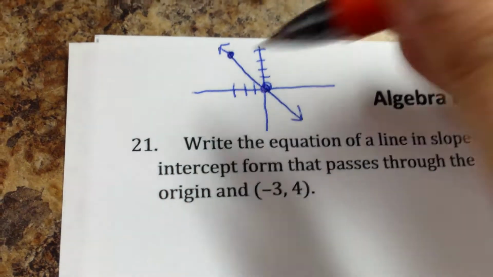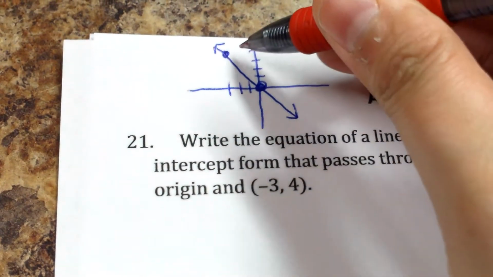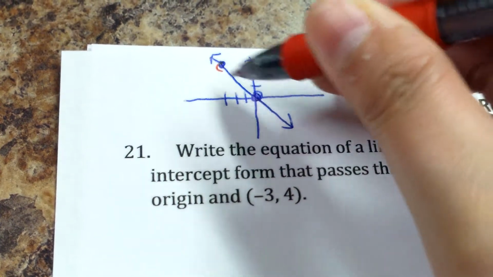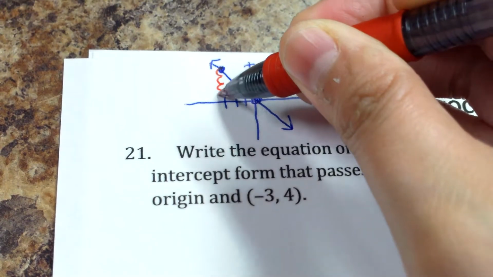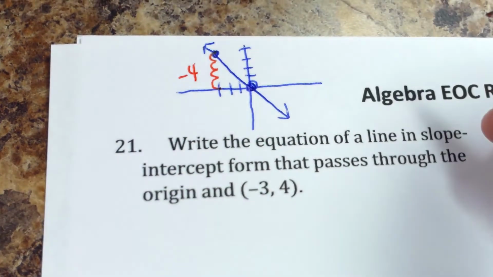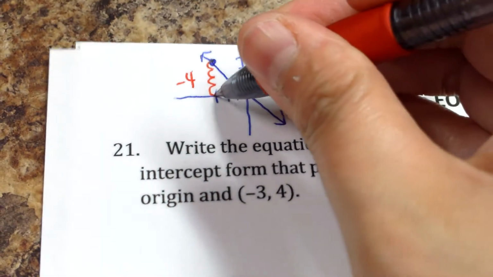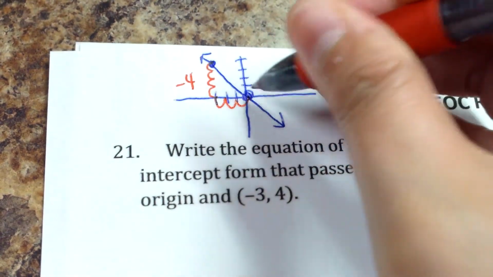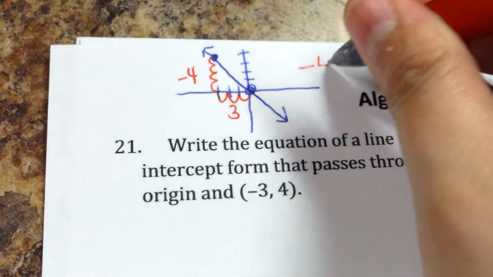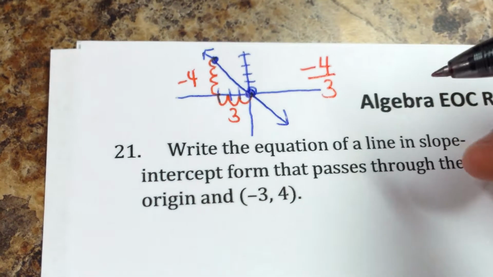So here, let's go ahead and find the slope. So it's 1, 2, 3, 4, 2, 3, 4. So I went down 4, down is negative, and I went over 1, 2, 3. So my slope is rise over run, negative 4 over 3.